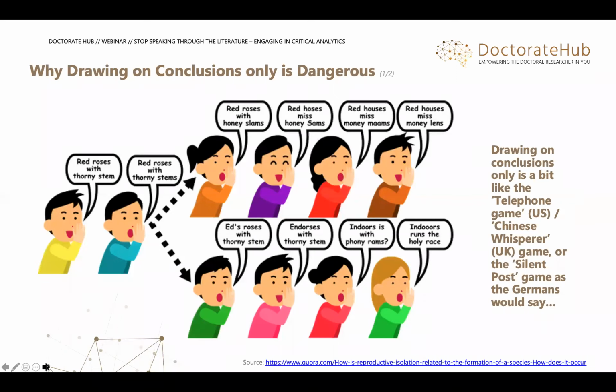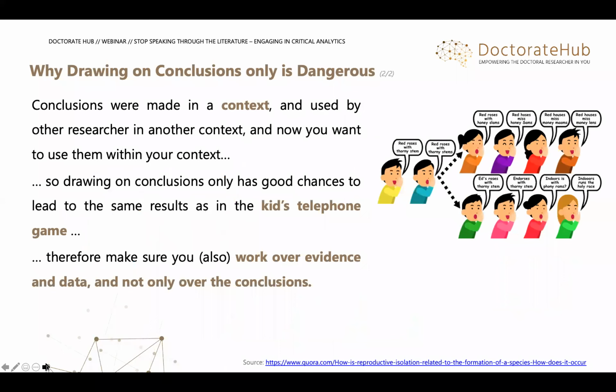Therefore, be advised to always look into the original data, because conclusions were made in context and used then afterwards by other researchers in other contexts once these were drawing on the literature, and now you want to use them for a third time within your context.